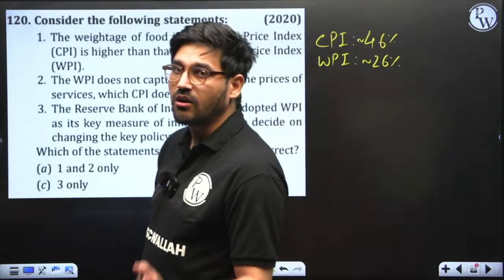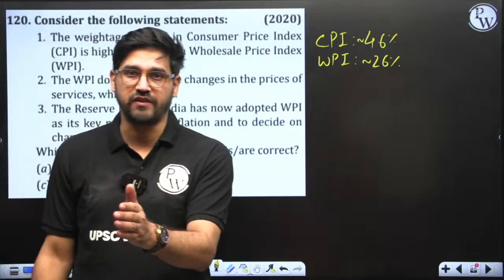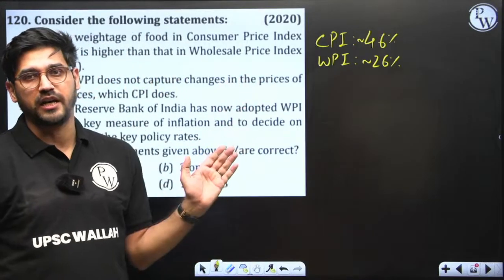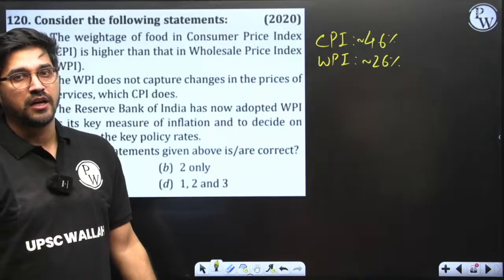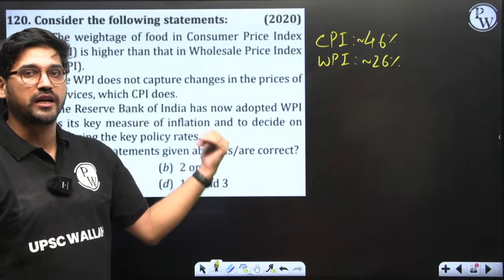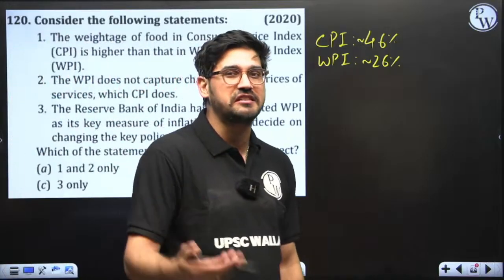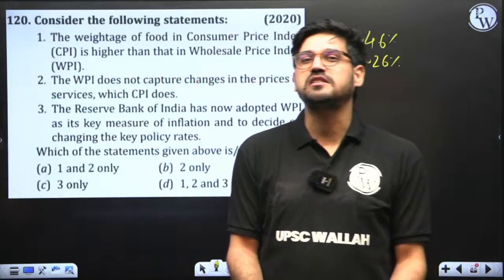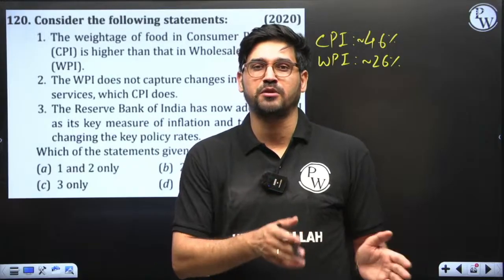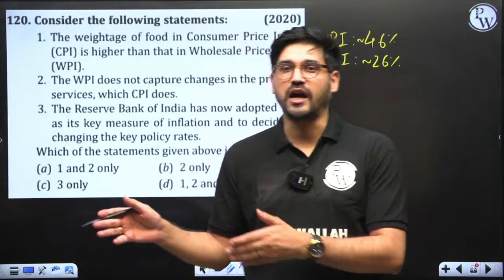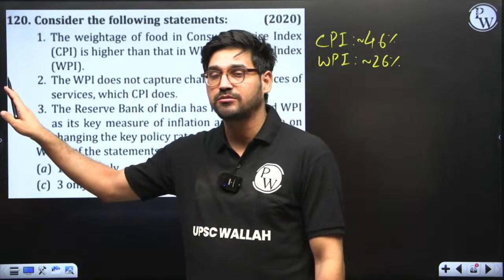You have something called CFPI, Consumer Food Price Inflation, and WFPI, Wholesale Food Price Inflation. Food articles are included in both CPI as well as WPI, but even commonsensically, an average consumer is going to spend a greater proportion of their incomes towards food articles, so this should naturally be right.